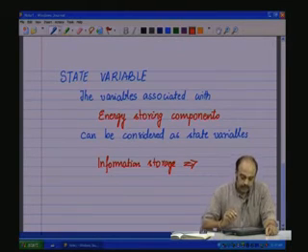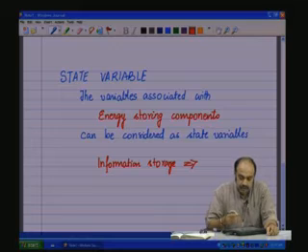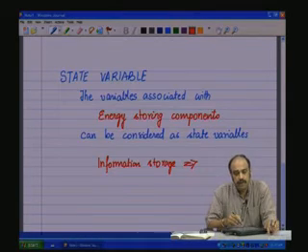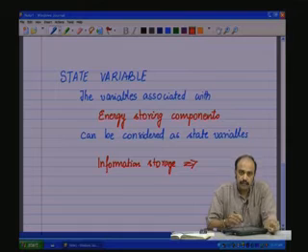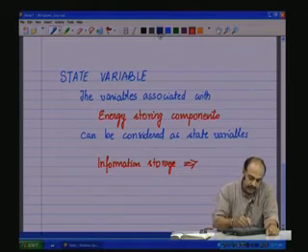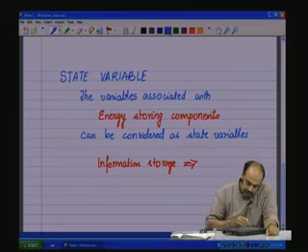Now, we can state from these two that any variable that is associated with a component having memory can be considered as a state variable, and that would be the most general statement.